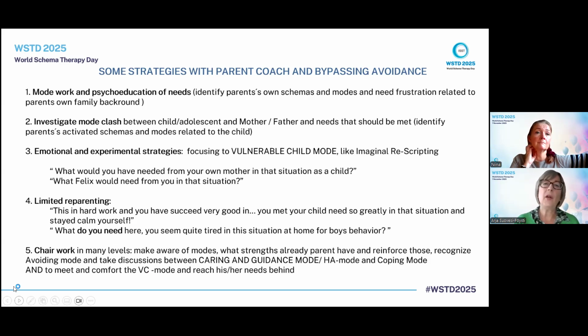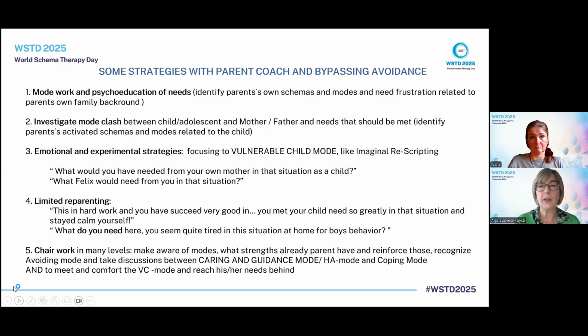We may identify parents' own schemas and modes from their own family background, and what need frustrations are related to their own selves. And of course, we investigate mode clash between the child or adolescent and the mother, or the child and the father, and we investigate what needs should be met more effectively. And then we identify parents' activated schemas and modes that are related to the child.